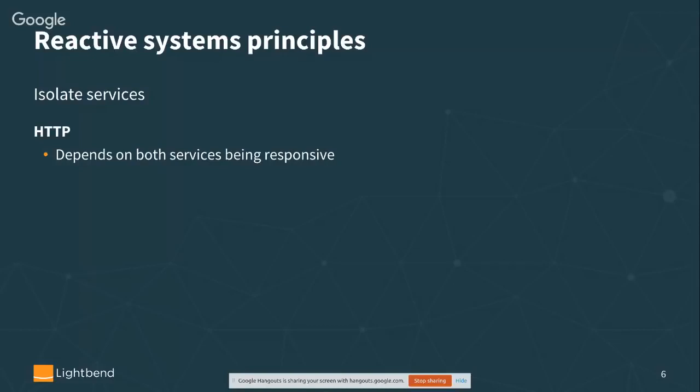And this gets worse if you start involving more and more services, because each service that has an HTTP call done to it, whether it's in sequence or transitively, is going to impact the overall availability of the system. So when you use HTTP for communication between services, you don't have isolation. Okay, HTTP is not a reactive architectural principle.